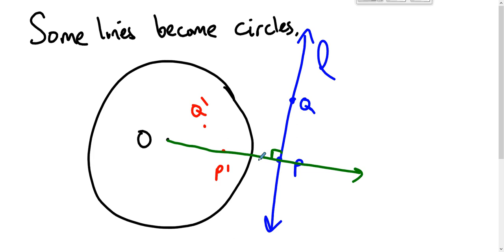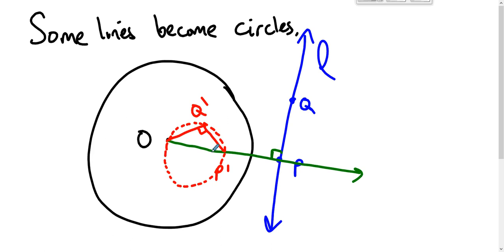But because angle OPQ is a right angle, and triangle OPQ is similar to triangle OQ prime P prime, then angle OQ prime P prime is a right angle. And if that's a right angle, it is inscribed on the diameter of a circle.